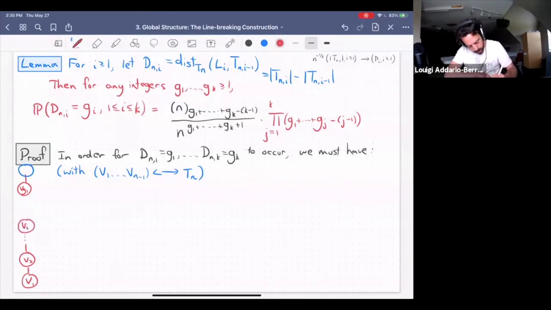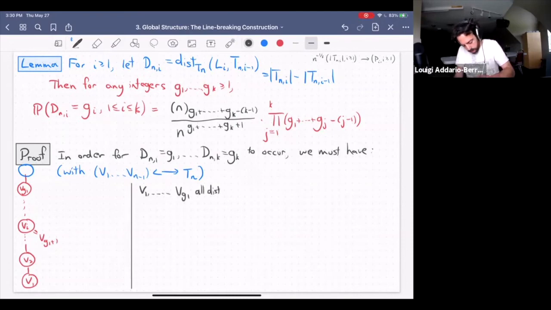Somewhere down here there was vi, and that's also equal to vg1 plus 1. That's the first thing that has to happen in order to have the first branch having length g1. Let me start to do a bit of bookkeeping of what must happen. So v1 up to vg1 should all be distinct, and then we need that.